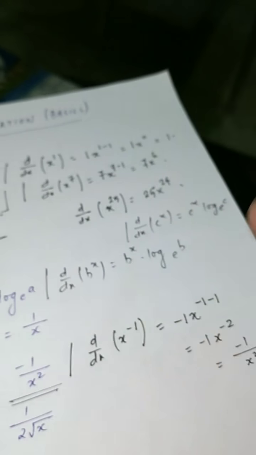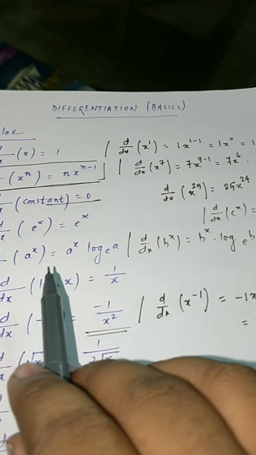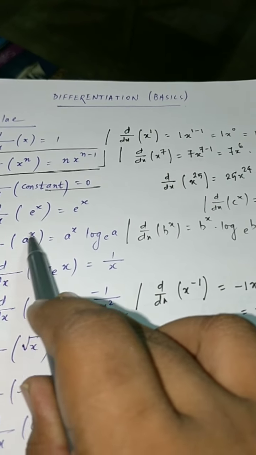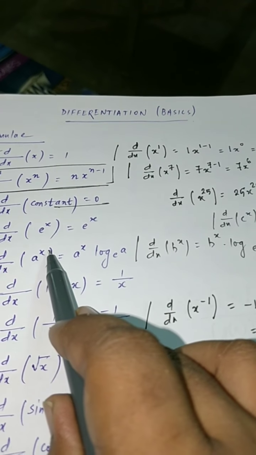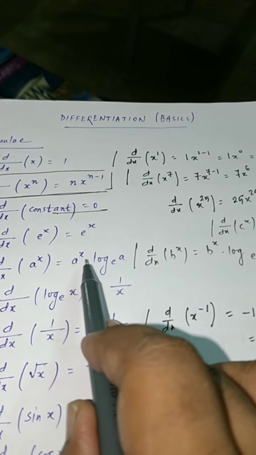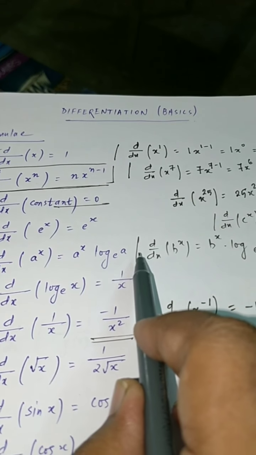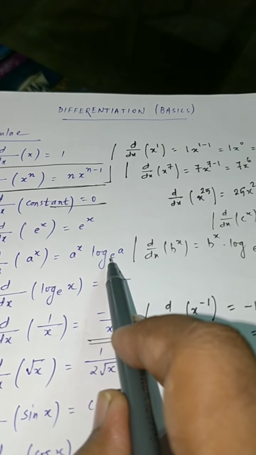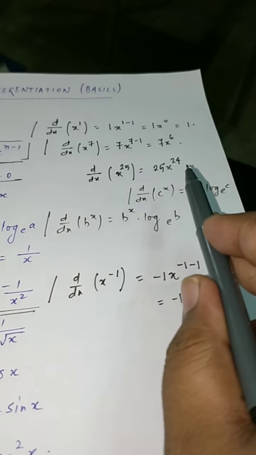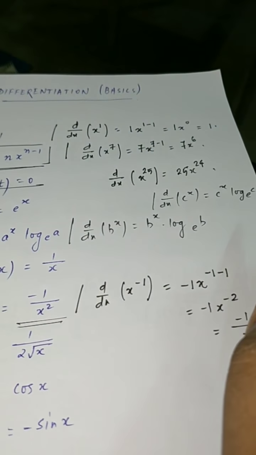So any function of this type, whose base is a constant and whose power is a variable, will come as such multiplied by a log term, and the element of the log will be the original constant, with base e.